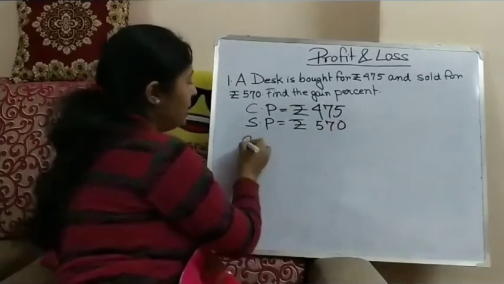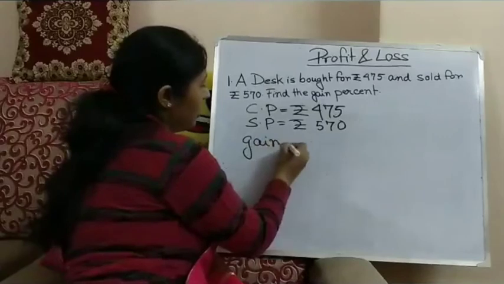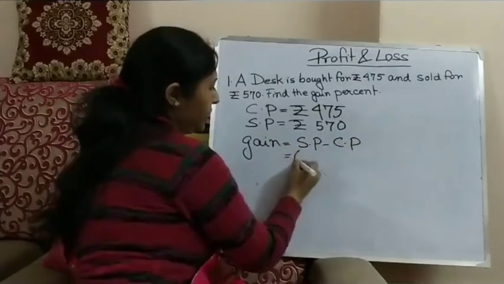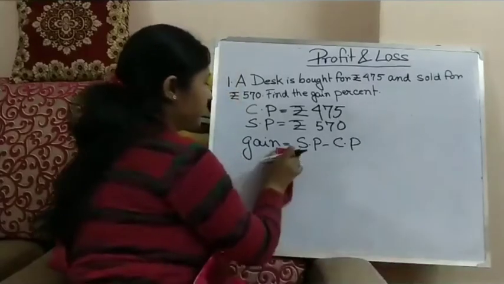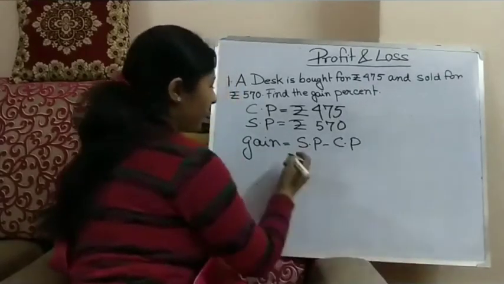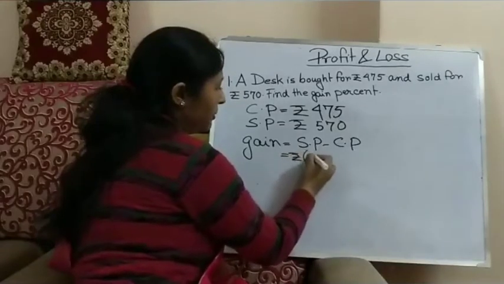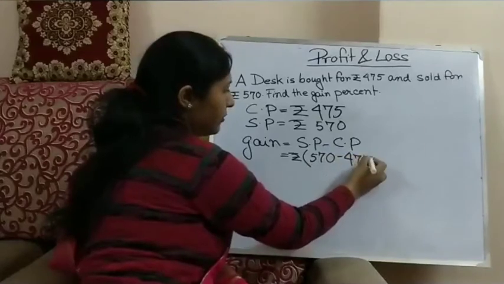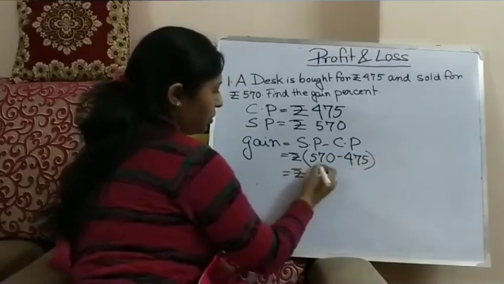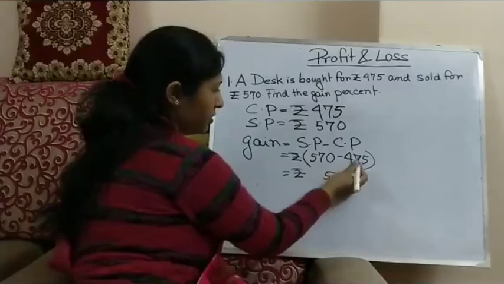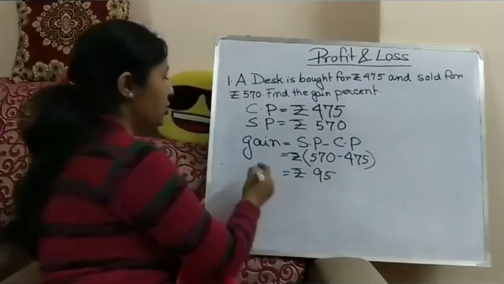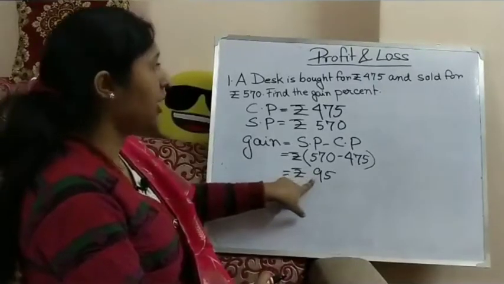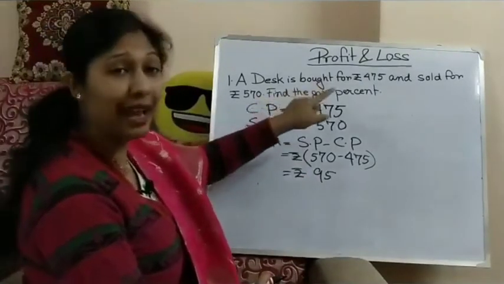We know that we should find gain by SP minus CP. So that is rupees 570 minus 475, and we got our gain, that is rupees 95.